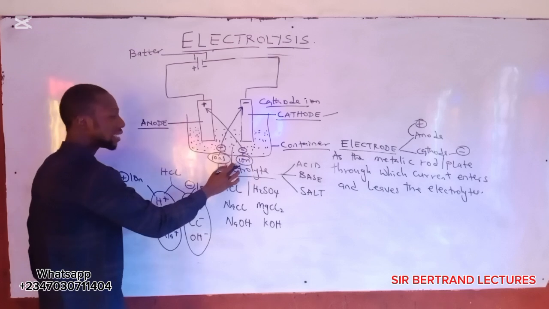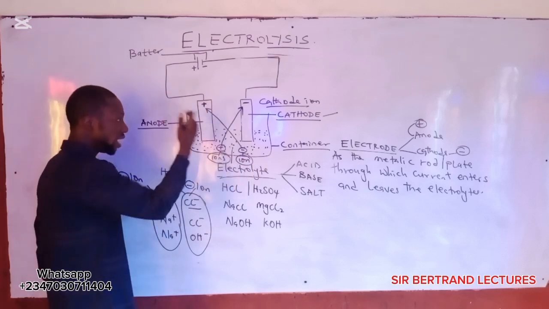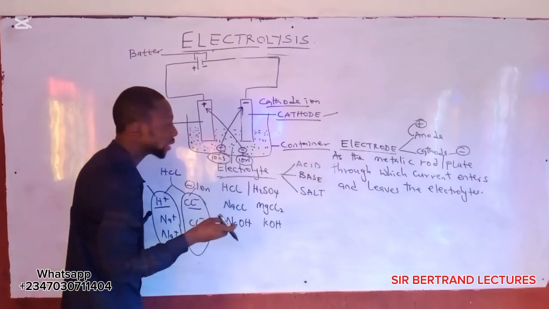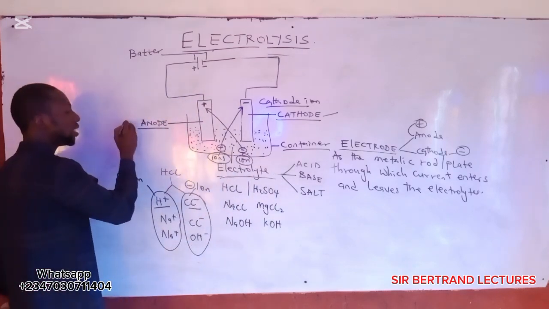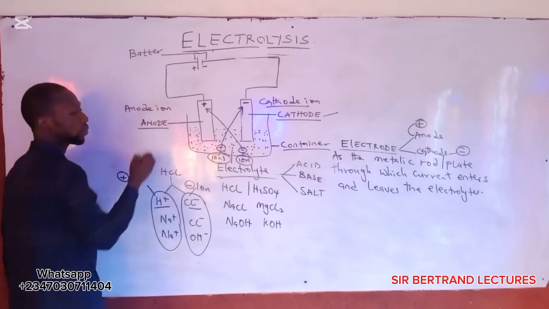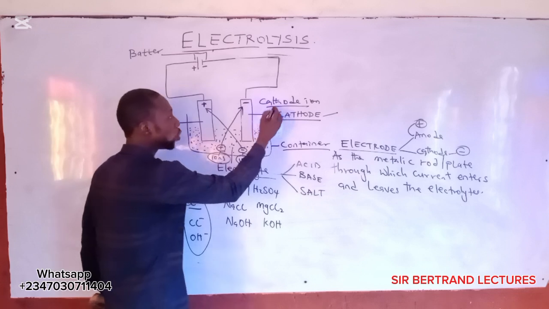While the ions that are negatively charged will migrate towards the positively charged electrode to obey the law that unlike charges attract each other, and at this level it is known as the anode.